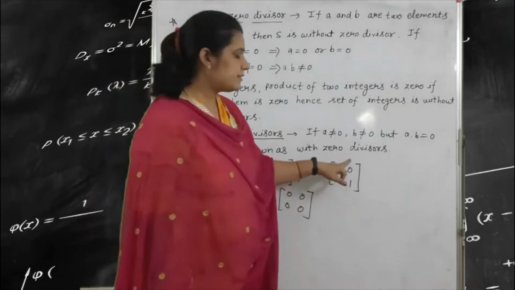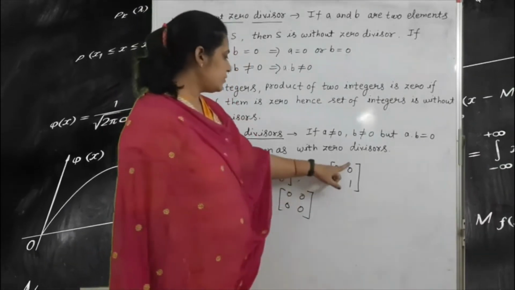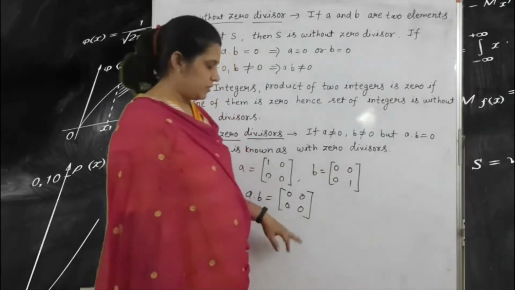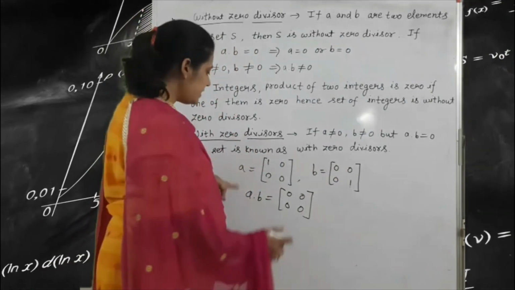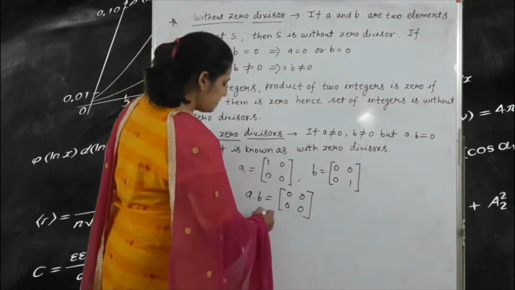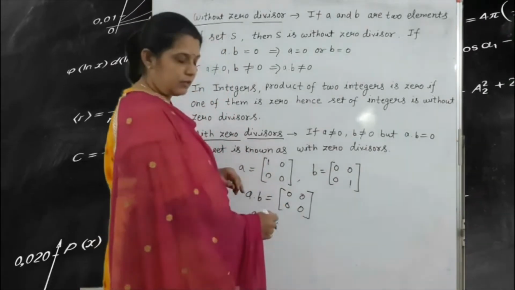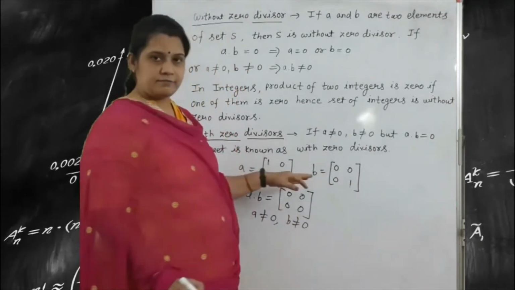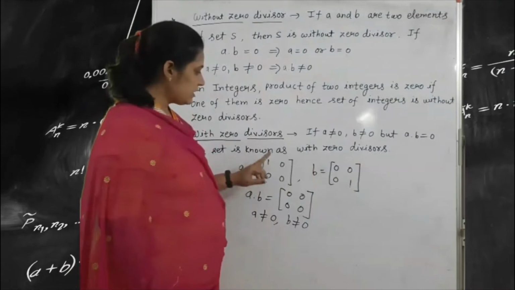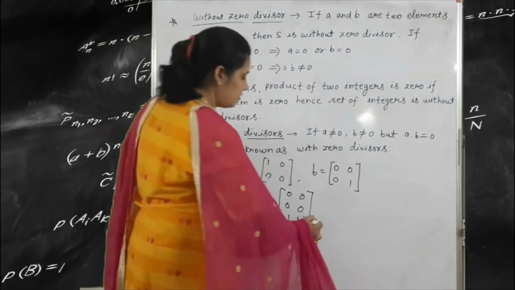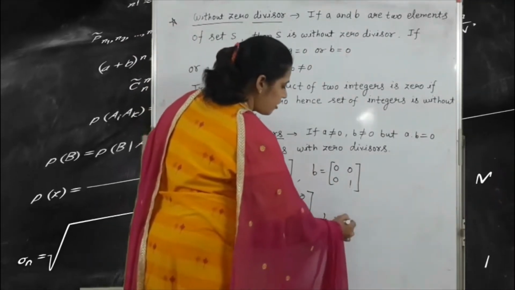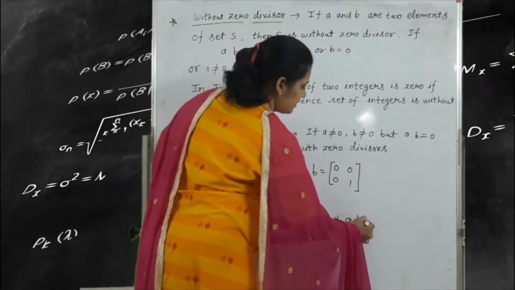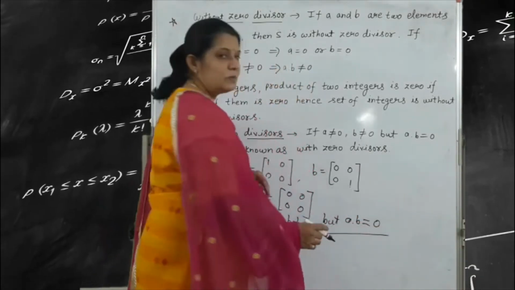Second row and second column: 0 into 0 plus 0 into 1, so 0. That means here a not equal to 0 and b not equal to 0, the two matrices. But a·b, that means a multiplied by b, is equal to 0.